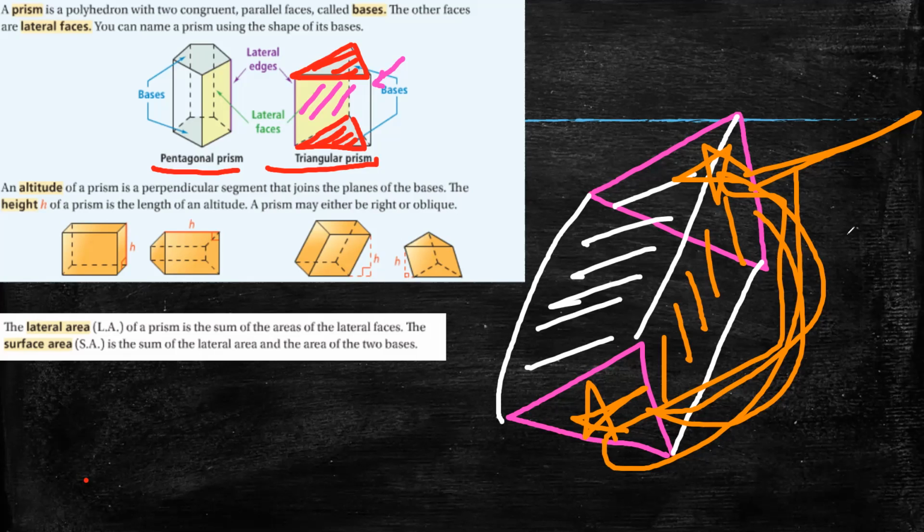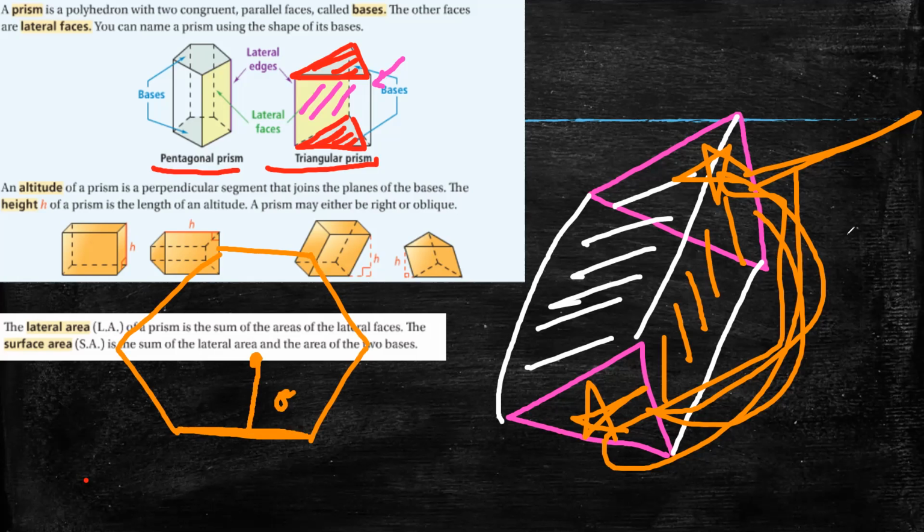Now, the altitude. Like we said in the shapes before, it is a segment that is parallel to the side. This is the altitude in the two-dimensional shapes. We said that if we have this shape and this point here, from the center there's a line segment that is perpendicular on the base.